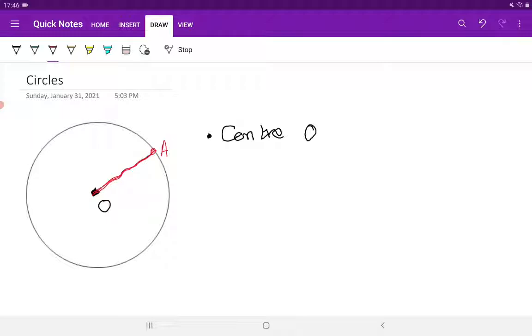So if we put an A on there, then the radius of the circle, in this case, is the distance O to A, or A to O. So we can call it OA, or we could call it AO, and that's the radius of the circle. And then the other line that we've got that's important goes all the way across the circle from side to side, through the centre, like that, and that's what we call the diameter of the circle.